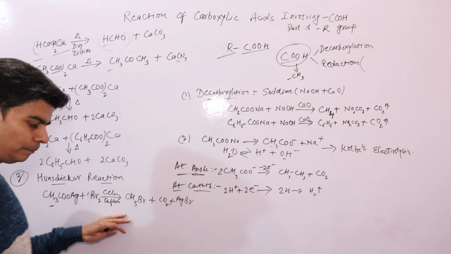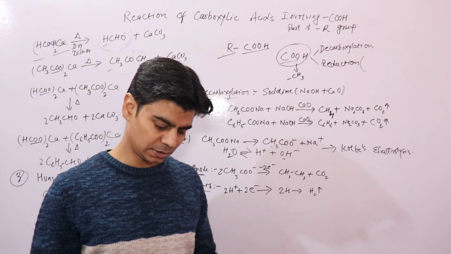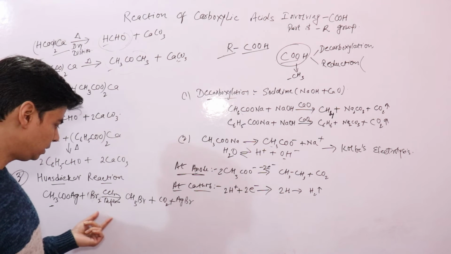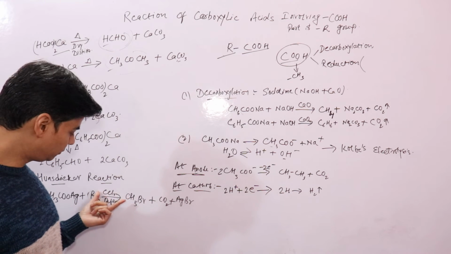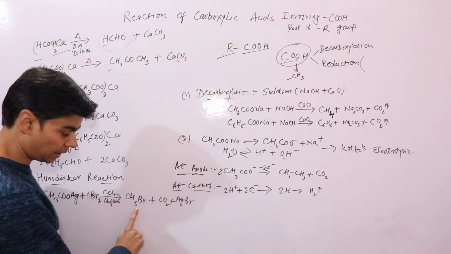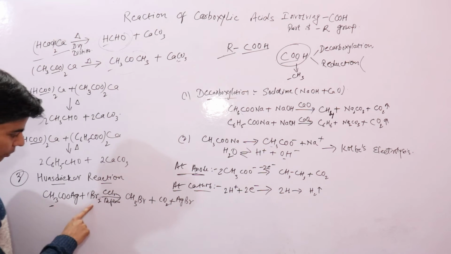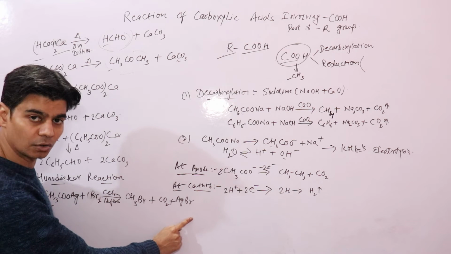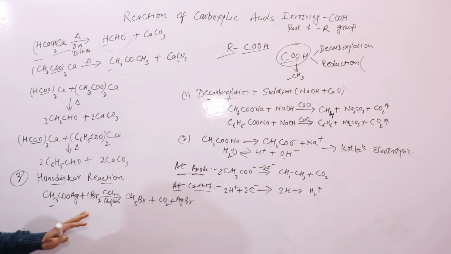Right, this is one way of carrying out a decarboxylation reaction, where you treat the silver salt of a fatty acid with bromine, refluxing with carbon tetrachloride. It will form alkyl halide. In this case, it is methyl bromide, plus CO2 would be removed and silver bromide will get formed. Right? I hope this is clear.